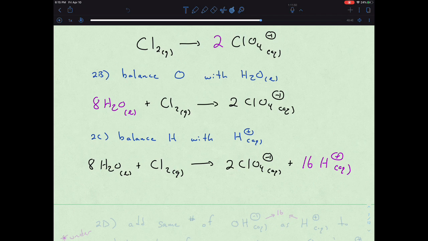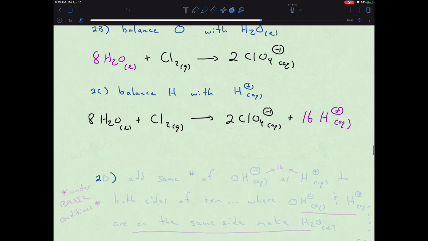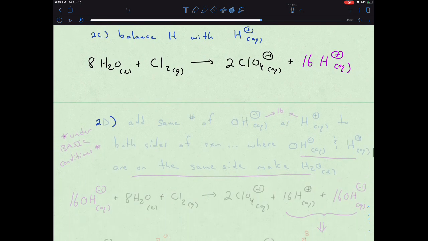And step 2D, we now add the same number of hydroxide as H plus to both sides of the reaction.